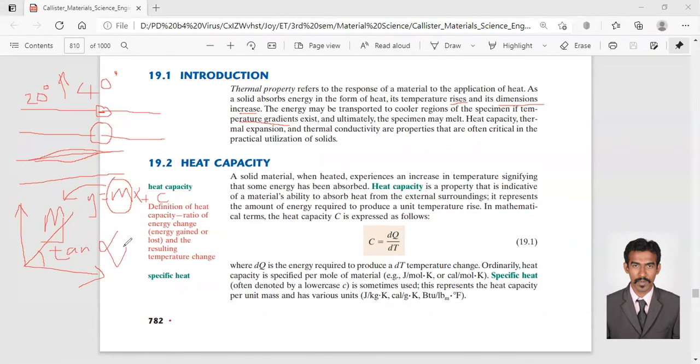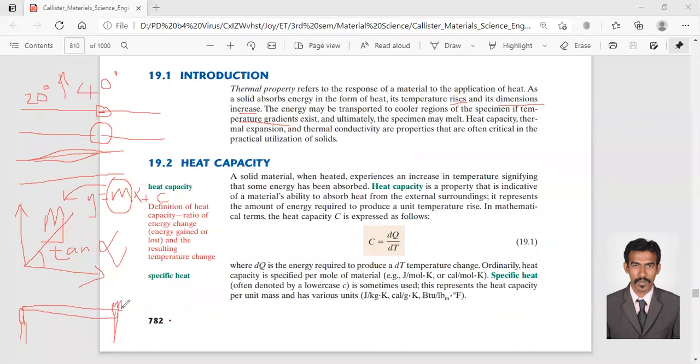What they're saying here is, if a thermal gradient exists, ultimately the specimen may melt. Say, for example, you are giving heat at this end of a particular material, and you are holding your hand at the other end.